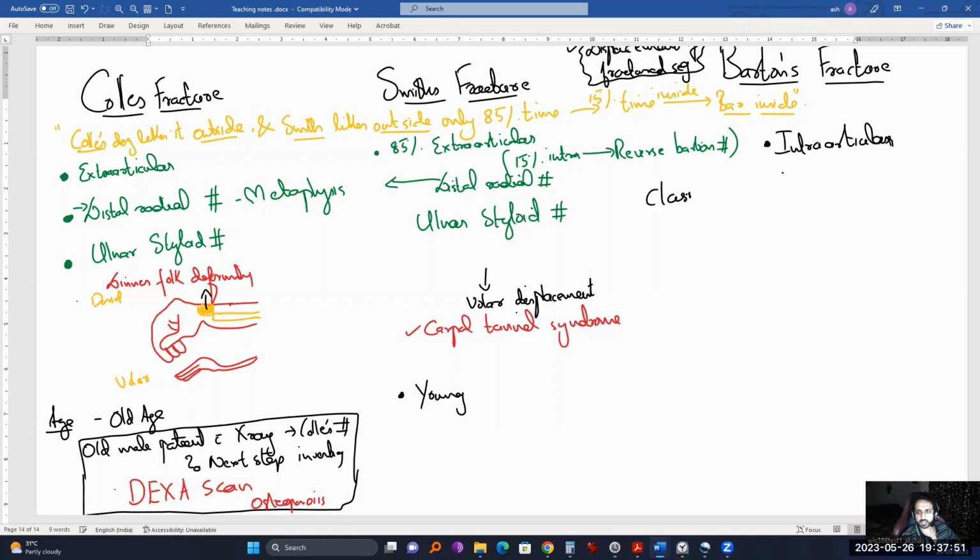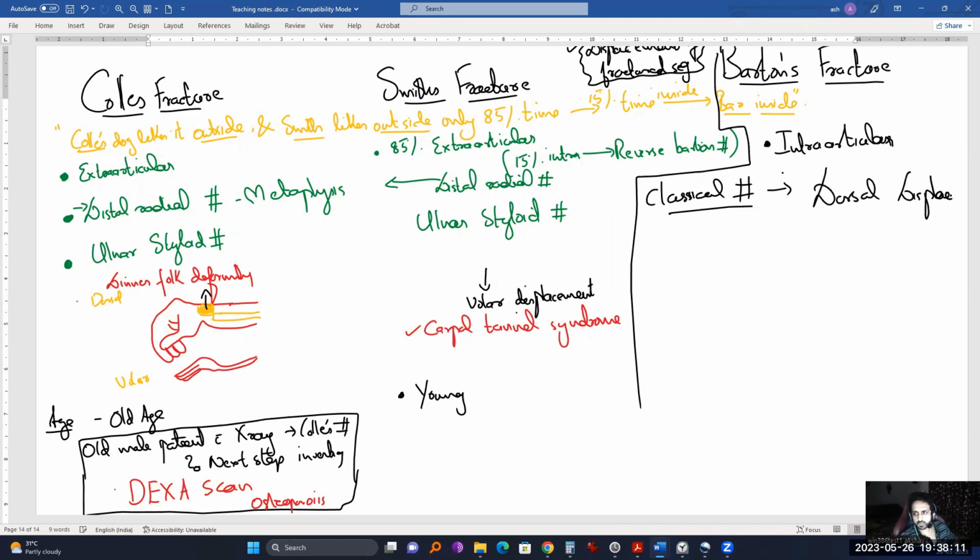The classical Barton fracture is like the Colles fracture. It is dorsal displacement. But the most common fracture seen is volar displaced Barton. Volar displaced Barton is more common.